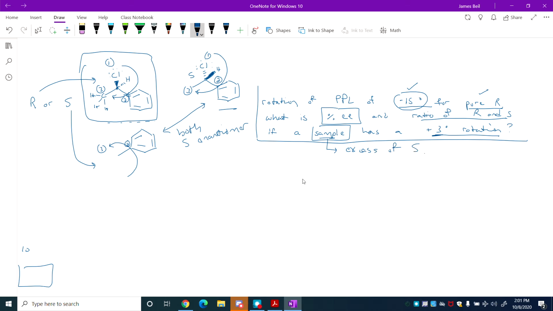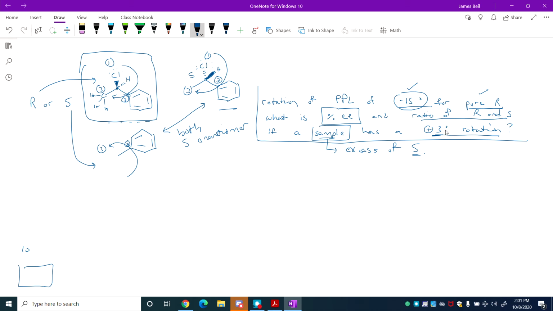Because any part of the sample that's a 50-50 mixture is going to cancel out and give zero rotation. If I see a rotation in a positive direction, it must be due to an excess of the opposite of the enantiomer that caused the rotation in the negative direction, which is known to be the R. Good. So what do I do here?